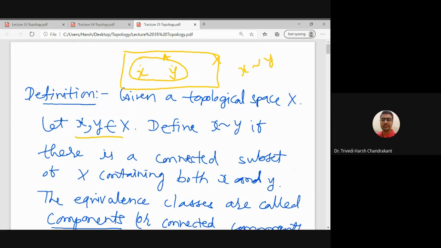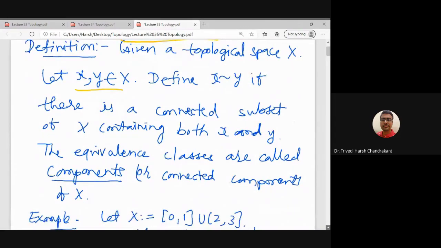So it is an equivalence relation. It satisfies the reflexive, symmetric, and transitive properties. Since it is an equivalence relation, we can discuss the equivalence classes, and the equivalence classes coming out of this relation are known as components or connected components of X.